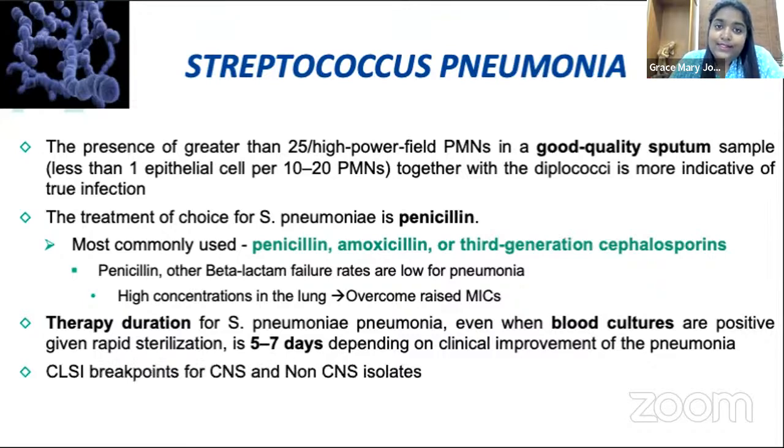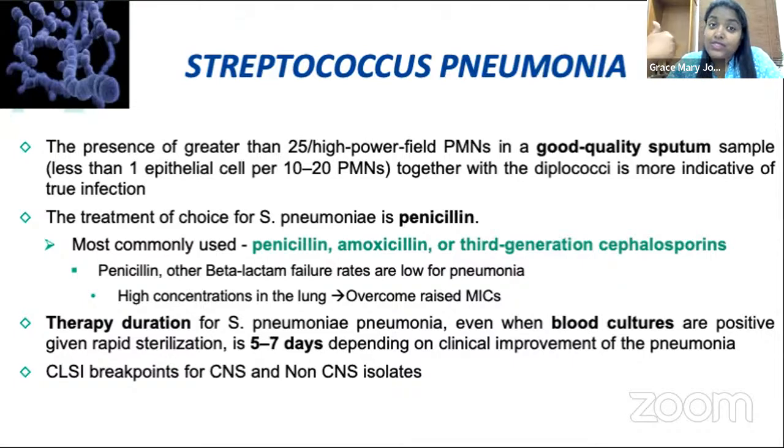The other thing that I would like all of you to go and look at is the CLSI breakpoints for CNS and non-CNS isolates, because this is very, very important. If it is a patient that is coming with meningitis, the MIC, as per the CLSI guidelines, is much lower in the CNS isolates that needs to be reported versus the non-CNS isolates.